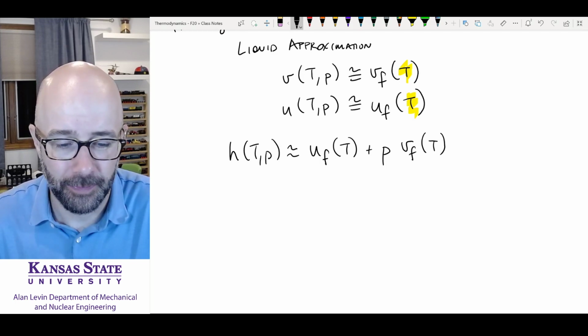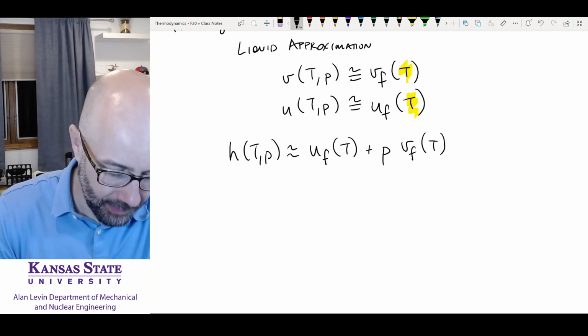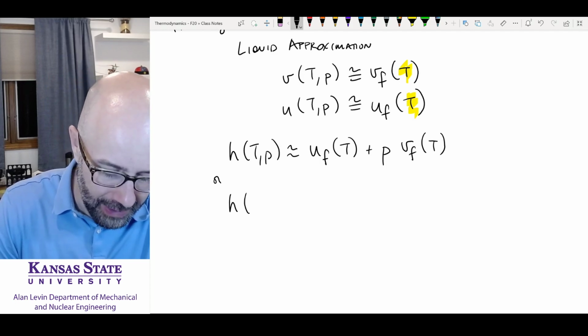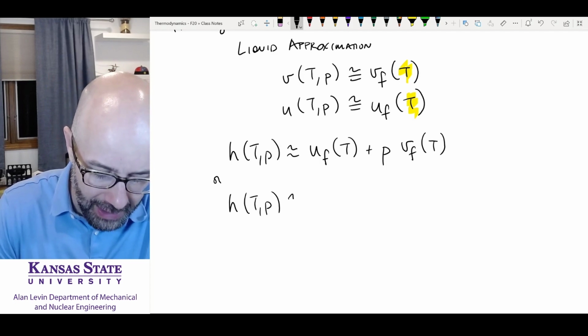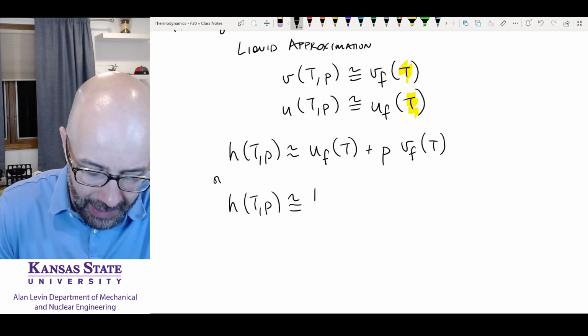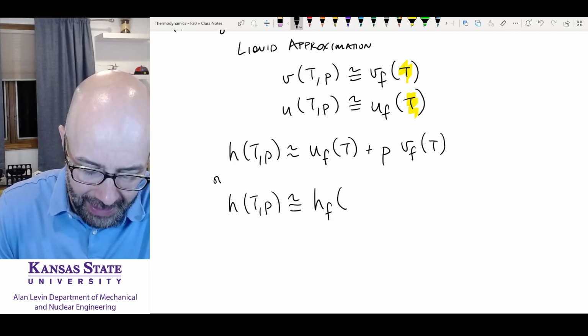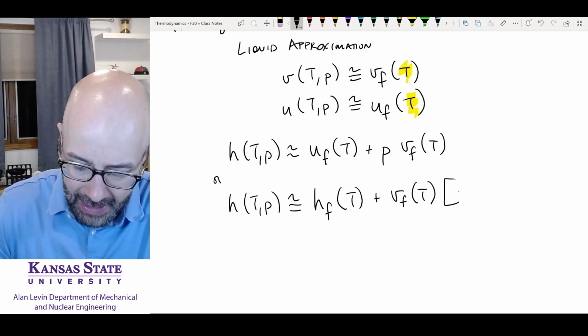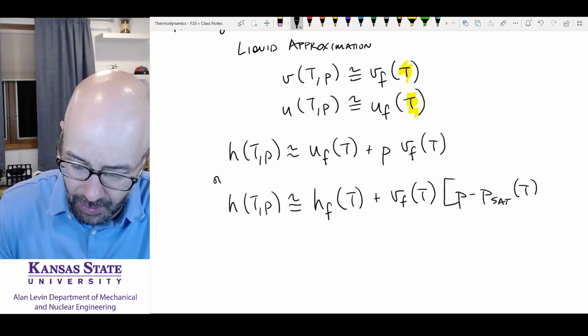Now, how we do this is actually this way. The enthalpy at temperature and pressure is approximately equal to the enthalpy of the saturated liquid at the temperature, plus v_f at the temperature times (P minus P_sat) at whatever temperature we're at.